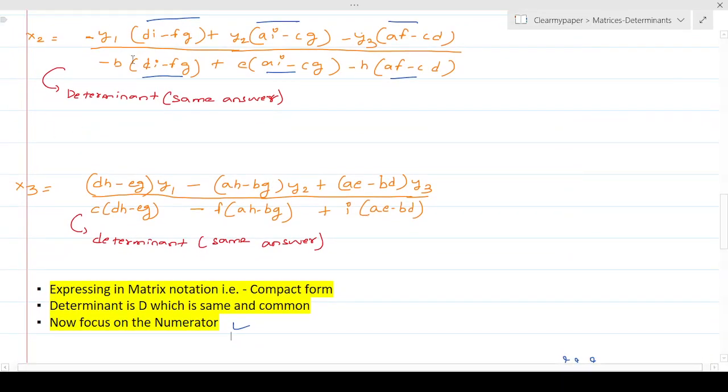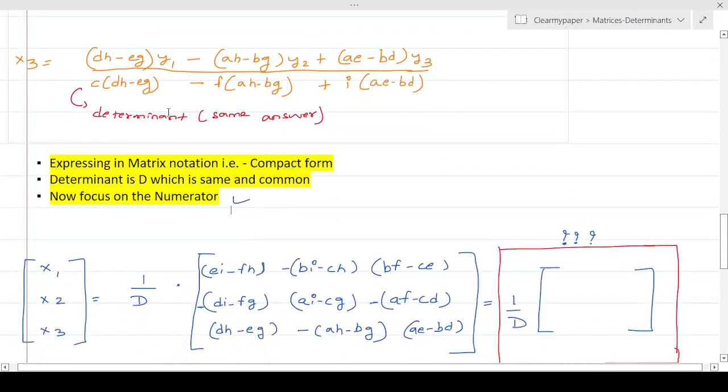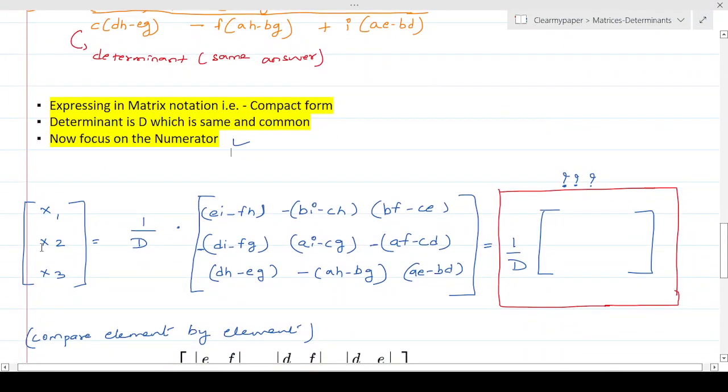So we can express these three equations in matrix format, which is this part here. I'm taking x1, x2, x3 in the matrix format, and since the determinant for all the three variables is the same in terms of value, I'm just calling it d, and it's in the denominator, so I'm saying 1 by d.